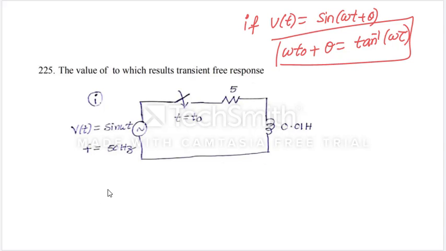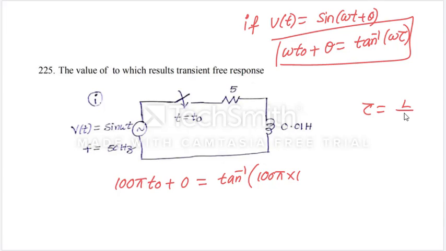Omega is equal to pi f, so 100 pi t naught plus theta 0 is equal to tan inverse of omega tau. Omega is 100 pi, and tau is equal to L by R, so that is 10 power minus 2 by 5.